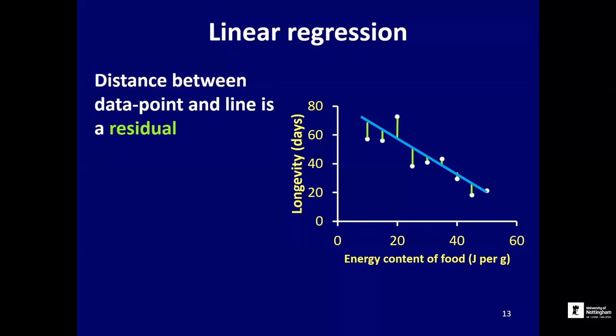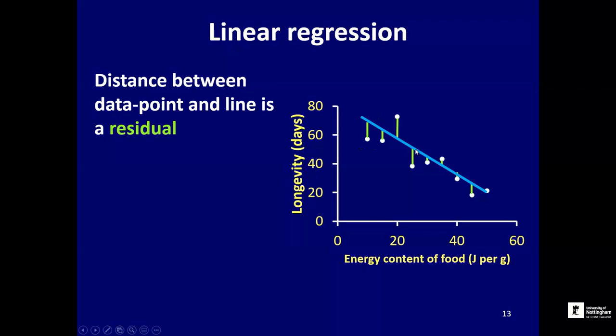So if the alternative hypothesis is correct and the energy content of the food does affect longevity, then the line of best fit represents our best guess as to how it affects it. But even when you take into account that line of best fit, there are going to be some deviations from that line which reflect other causes of variation in longevity, such as the genetics of the fly concerned, or exactly which parent it had, or which test tube it was put in the lab.